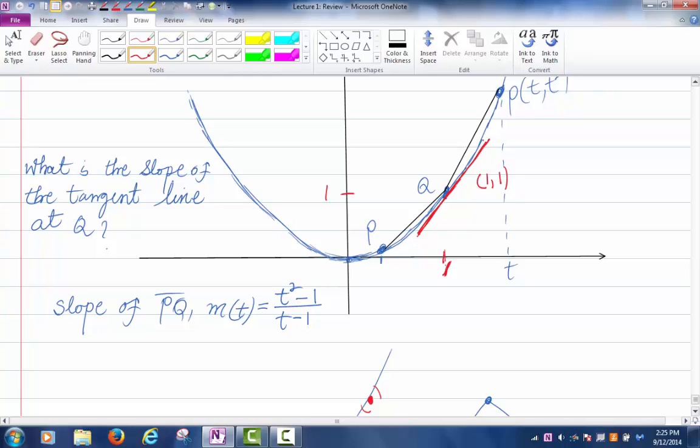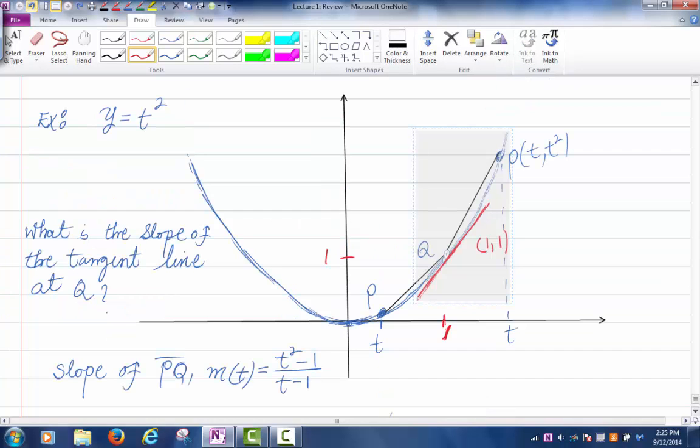So what I'm saying is, suppose that the new location of P, let me try to make another line segment here. So here's another point. So here's P when t is even closer, right?